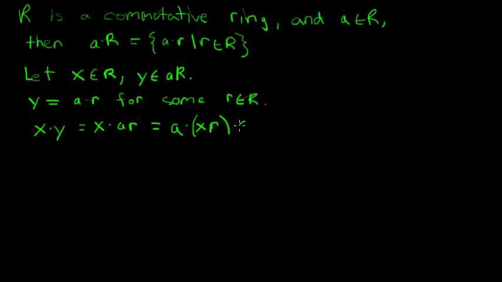So this is an element of AR. And since multiplication is commutative in this case, this is also equal to yx. So that pretty much proves it here. I didn't prove the subring part, but this is the absorbing property of ideals. So this is an ideal of this commutative ring R.